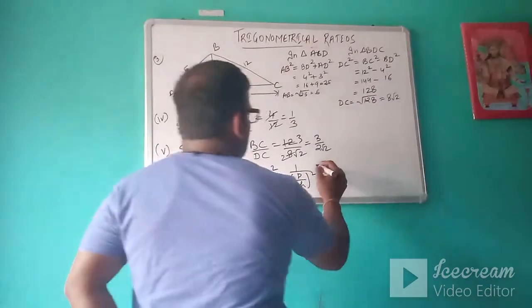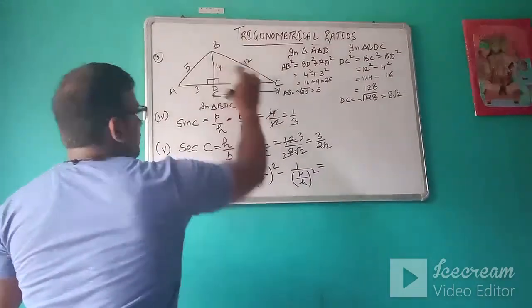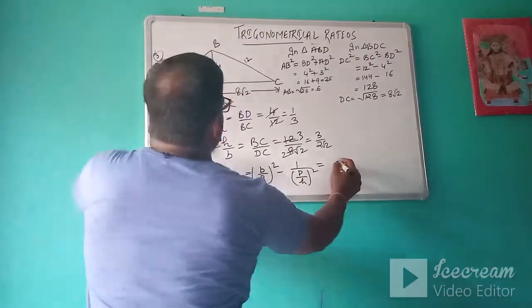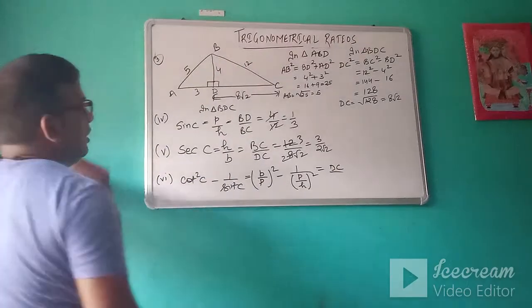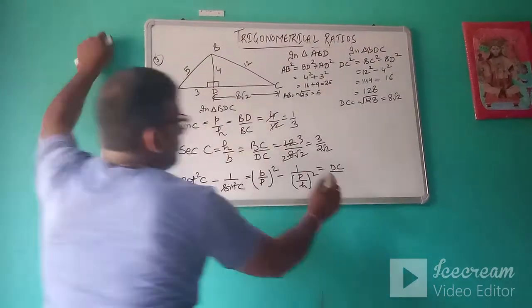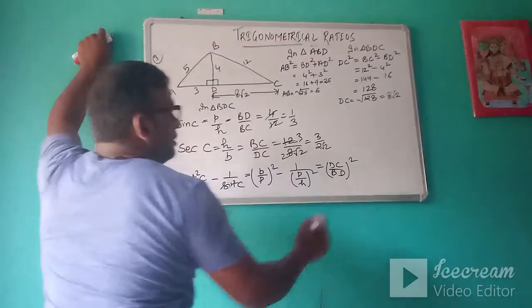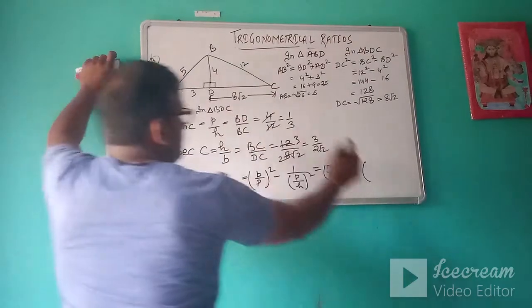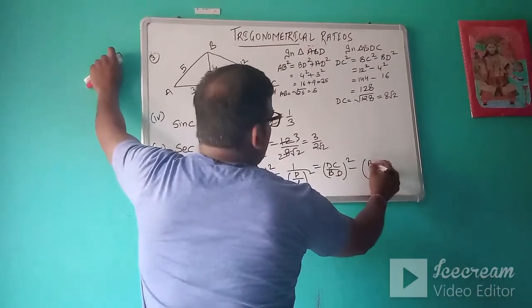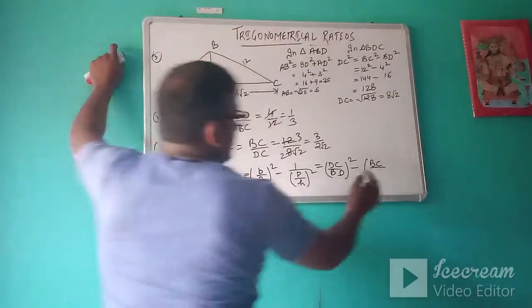So for this C, what is your B? DC. And what is your P? BD. Minus, it is H. So what is your H? H will again be BC. And what is your P? BD.